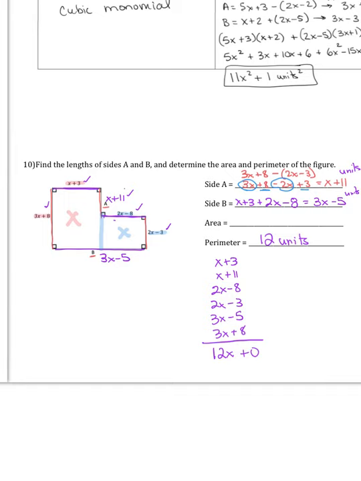And so now we'll go ahead and find that area of 3x plus 8 times x plus 3 plus 2x minus 8 times 2x minus 3.